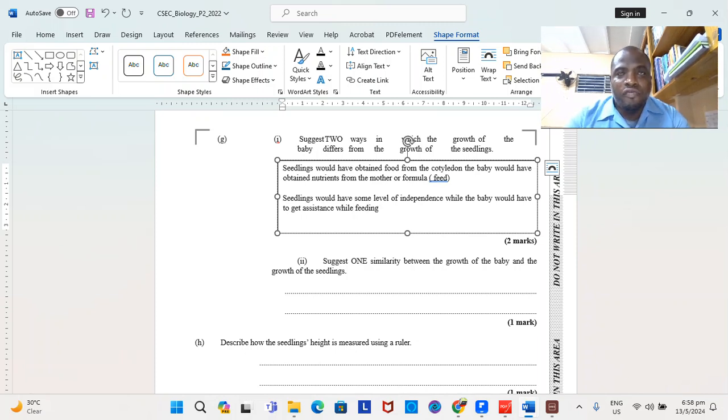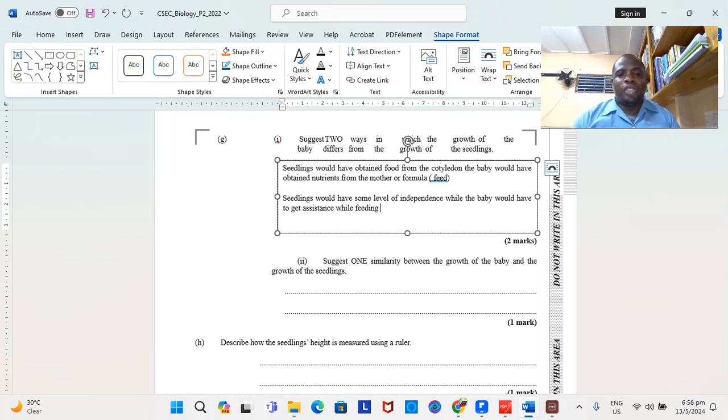So while you're feeding the baby, even if you mix the formula, you would have to ensure that you provide some level of care. The mother would have to put the baby on the breast, things like that. Once you have the seedling, the seedlings have some form of independence.